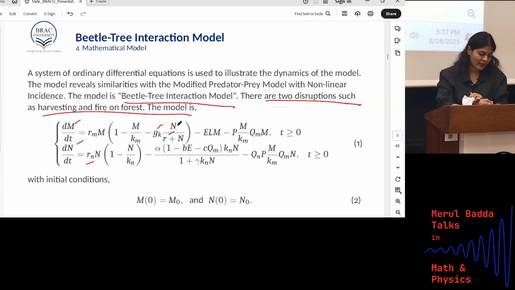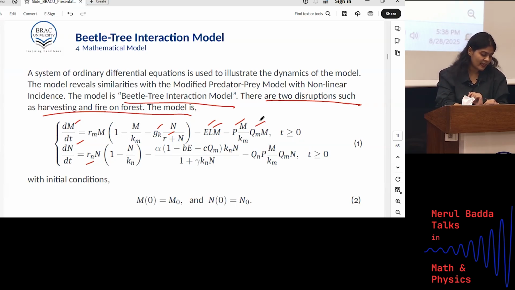Here, E is the proportionate loss of trees by harvesting, and L is the response of trees to the harvest, and P is the response of the trees to the fire. Here Qm is the proportionate loss of trees from fire.